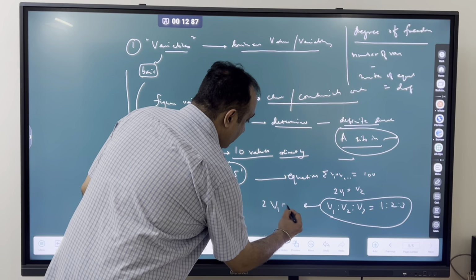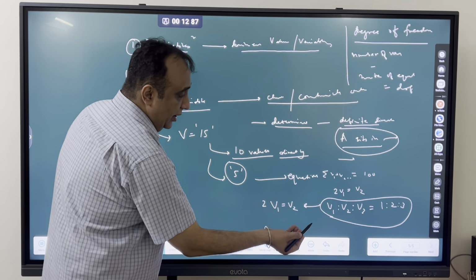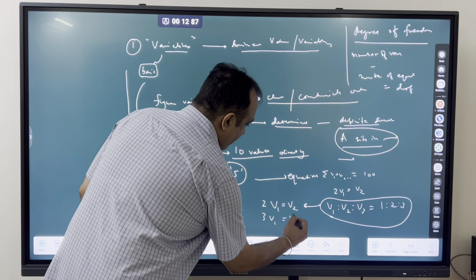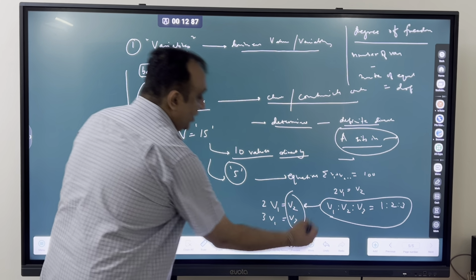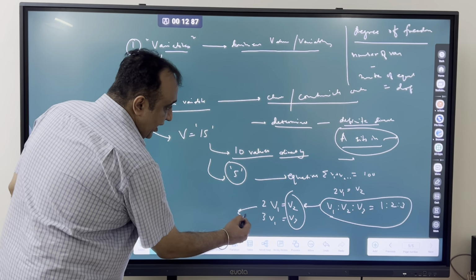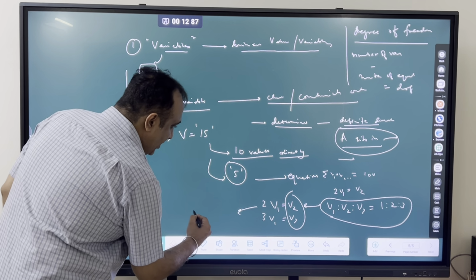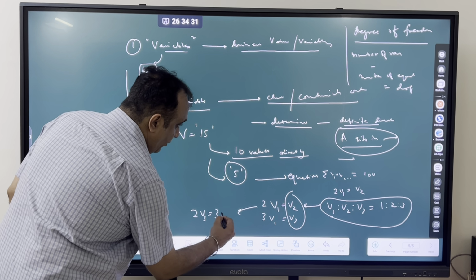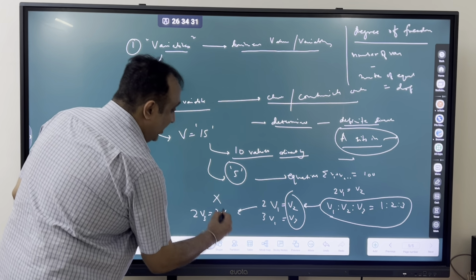Twice of V1 is equal to V2 is one equation, and the other could be thrice of V1 is equal to V3. Remember, the equation between V2 and V3, if I were to write that twice of V3 is equal to 3 of V2, this is not an independent equation.